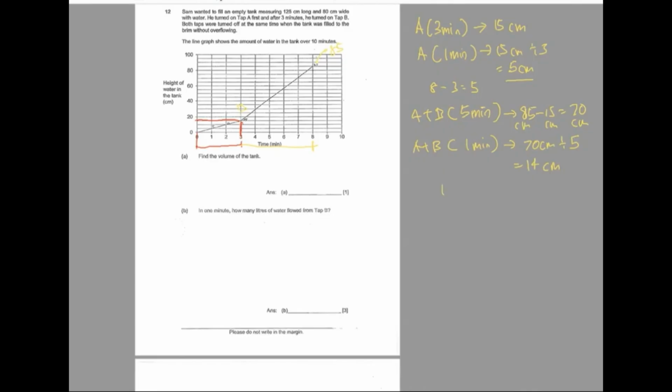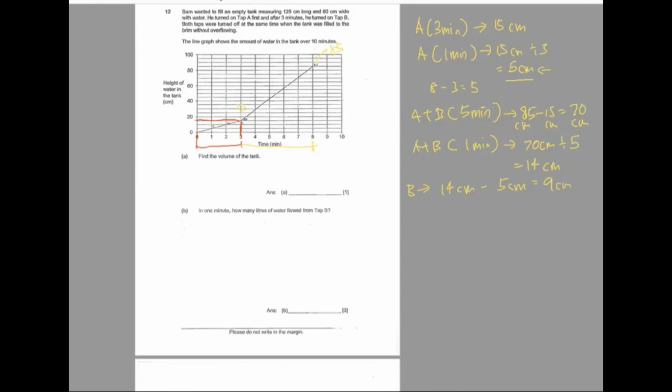Therefore, if I use 14 centimeter minus 5 centimeter, I get 9 centimeter. This 9 centimeter is caused by B. So every minute, B causes the water level to rise by 9 centimeter. A causes the water level to rise by 5 centimeter. Together, they cause the water level to rise by 14 centimeter every minute.